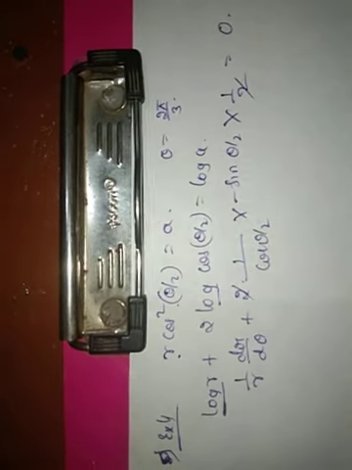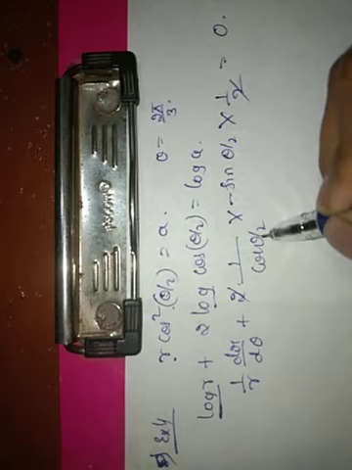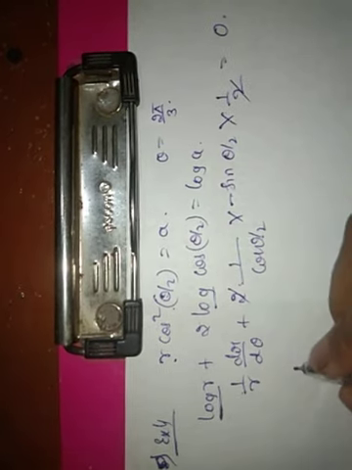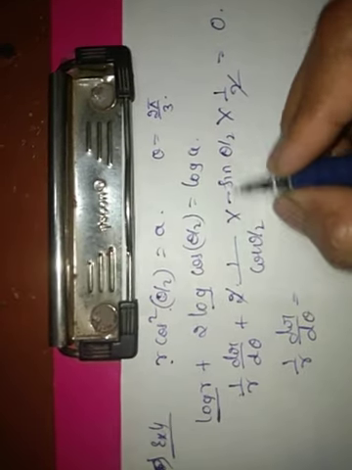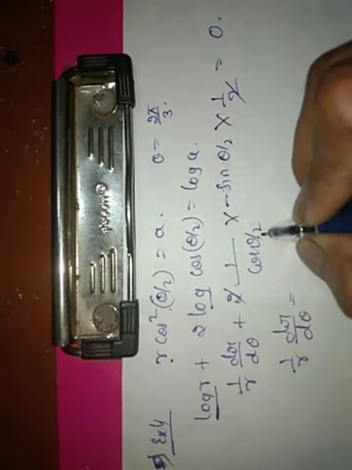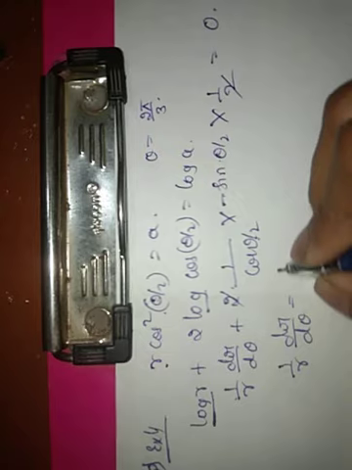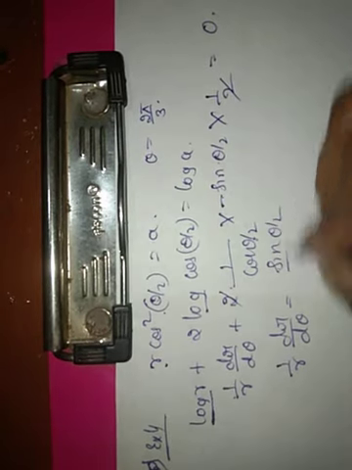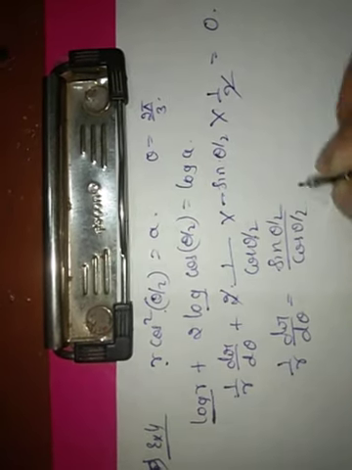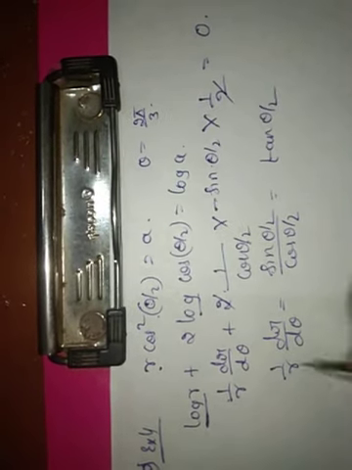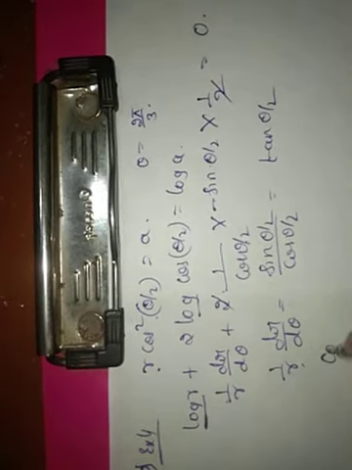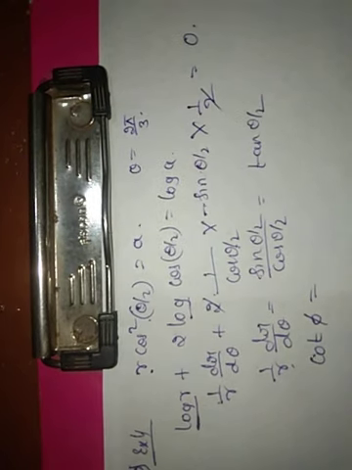Cancel a 2 on both sides. Minus sin theta by 2 over cos theta by 2, that is 1 by r dr by d theta. Sending this to the RHS, minus becomes plus: sin theta by 2 divided by cos theta by 2 equal to tan theta by 2. 1 by r dr by d theta is nothing but cot phi.